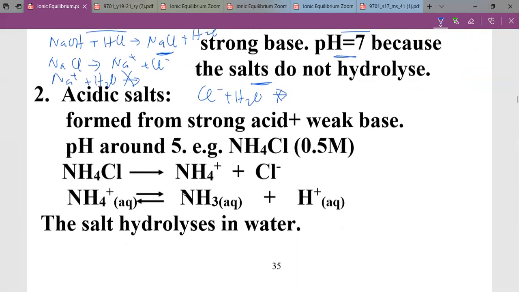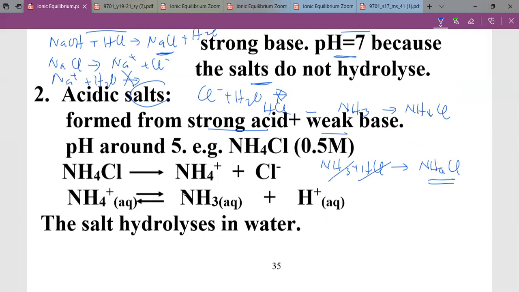Now, if it's a strong acid like HCl and a weak base, for example ammonia and HCl, you form ammonium chloride. At the end point, when you titrate ammonia with HCl, all the ammonia is used up and you have only ammonium chloride.